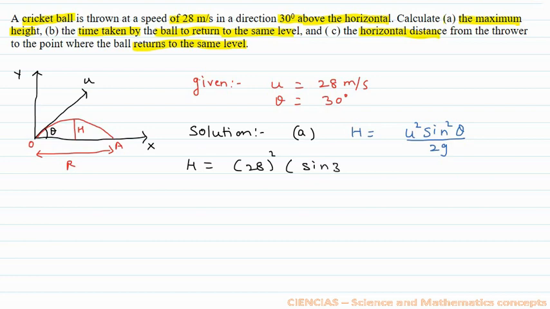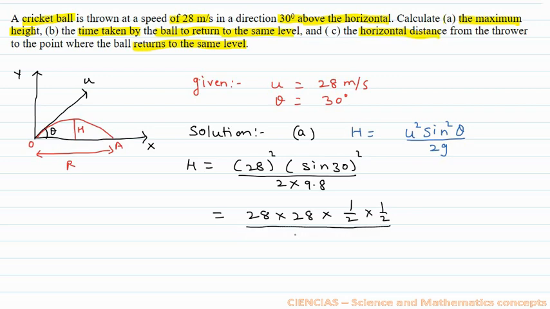That is equal to 28 into 28, sine 30 is half, into half, upon 2 into 9.8. On solving this, we get this is equal to 10 meters.